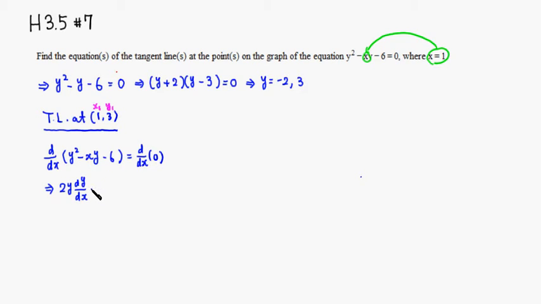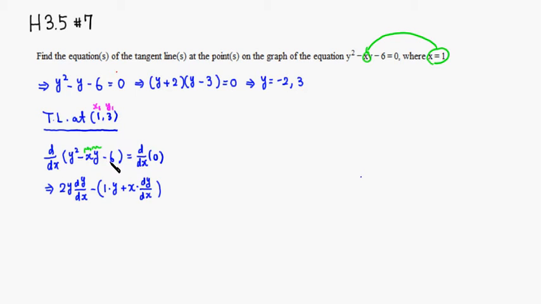Then you have a minus. xy is a product, so we use the product rule. Derivative of the first, x, is 1, times the second, y, plus the first, x, multiplied by the derivative of the second, which is dy over dx.